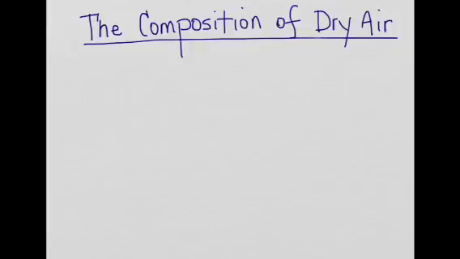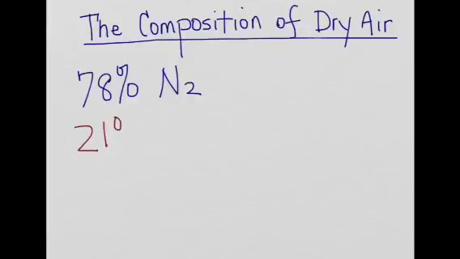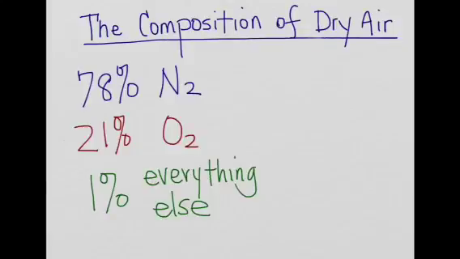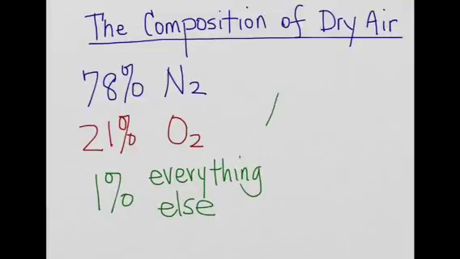Our textbook says 78% nitrogen, 21% oxygen, which leaves 1% of everything else. Although we know that the third most prevalent gas in the atmosphere is, in fact, argon.